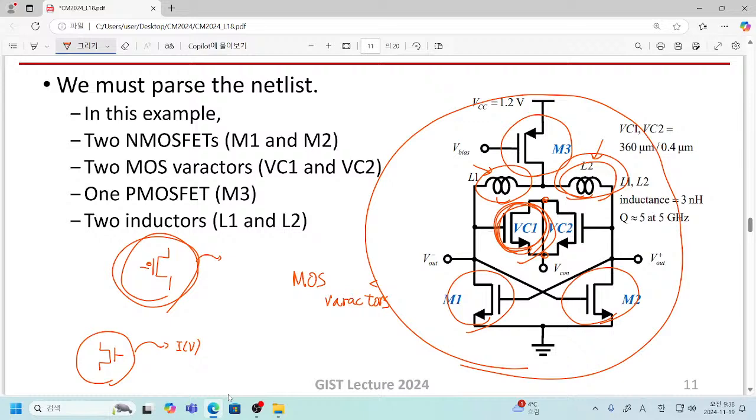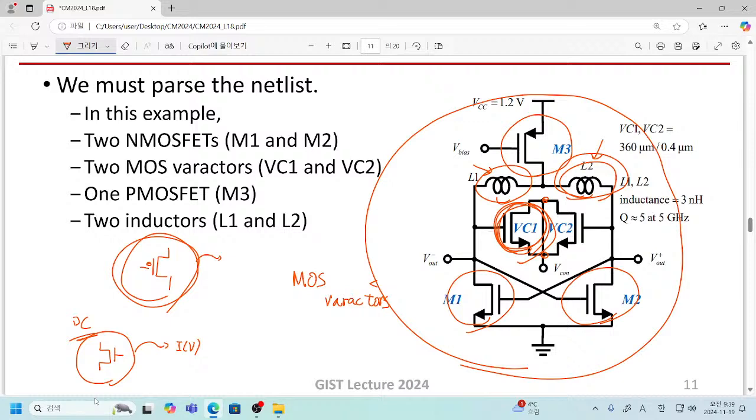But the point is, this is not a steady state circuit. This is an oscillator. Oscillator means that your signal swings between its minimum value and maximum value, not in a small signal way, but in a large signal way. So simply speaking, it is almost impossible to consider just this IV characteristics.